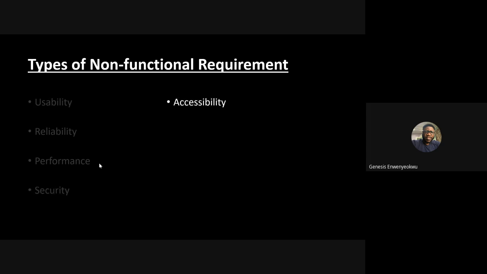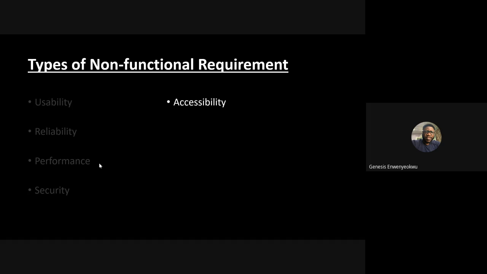Another one is accessibility. Accessibility requirements started gaining prominence in the last 5 to 10 years. What accessibility requirement means is catering for features of the solution or the product that will enable people that are termed disabled to be able to use the product.